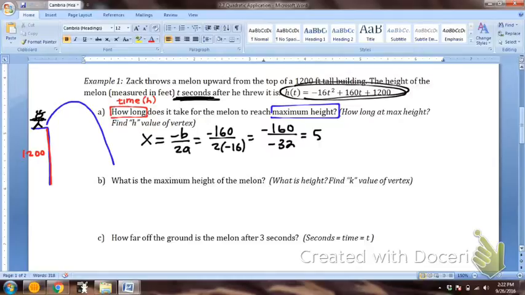Here's the thing. We're going to write complete sentences for these story problems, and if you don't know how to write complete sentences for story problems, all you're doing is repeating the question. How long does it take to reach maximum height? It takes 5 seconds to reach maximum height.